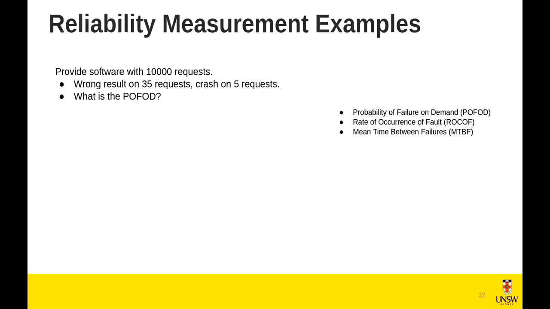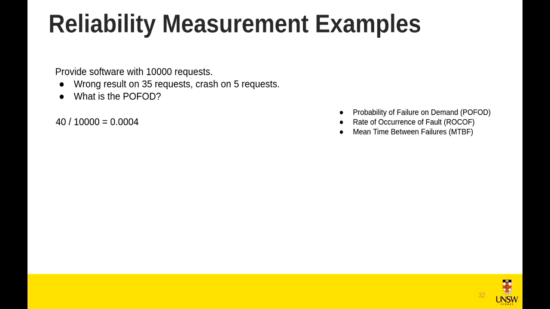Assume that we have made 10,000 requests and we got a wrong answer for 35 requests and the system crashes on 5 requests. So what is the probability of failure on demand? Forty divided by 10K.